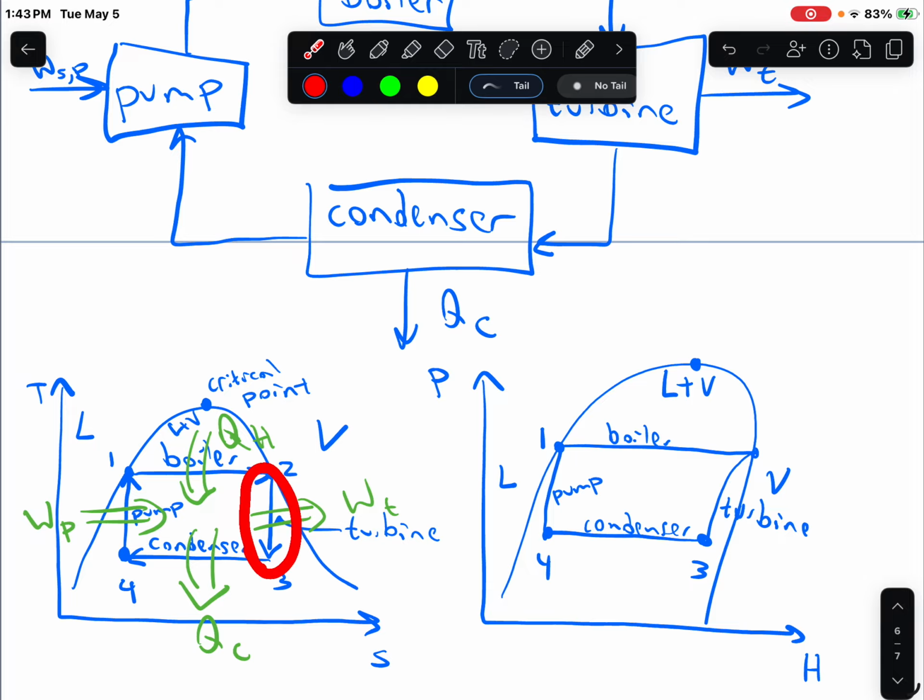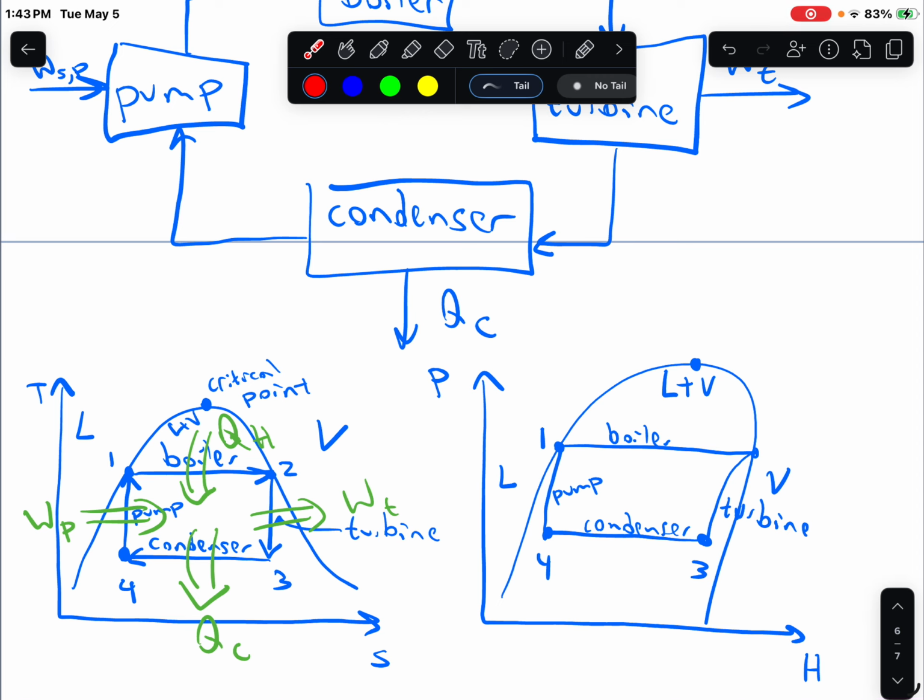So now we're back in the two-phase region. We may have had saturated vapor here, but this is a mixture of liquid and vapor. And again, I'm not a mechanical engineer, but I understand that turbines do not like to work with mixtures of liquid and vapor. They can be damaged by liquid droplets. So they really want to operate in the pure vapor phase.